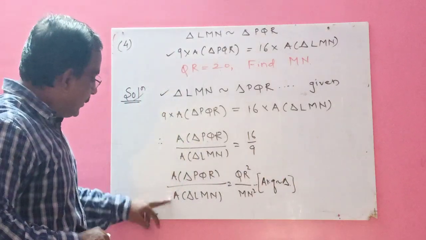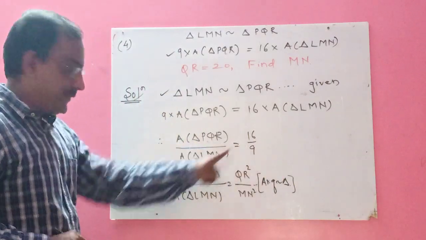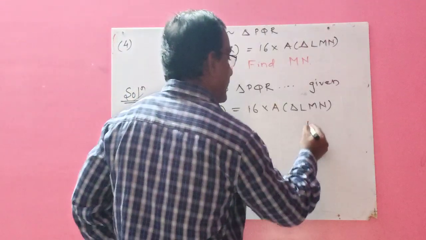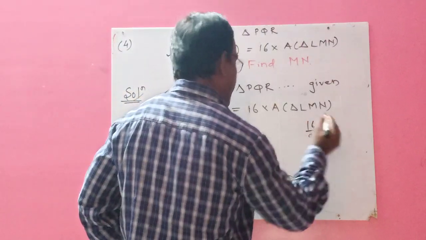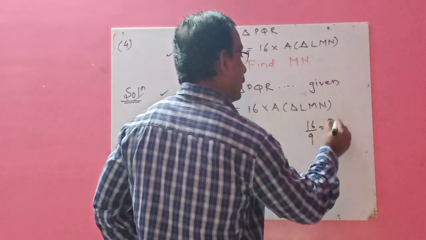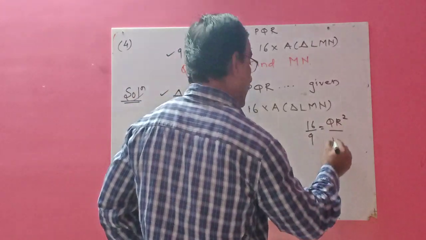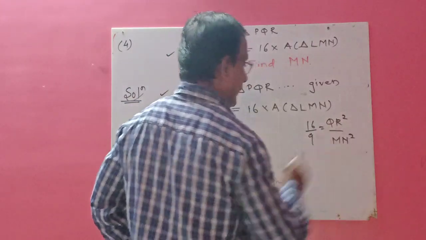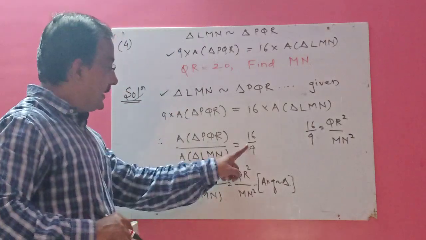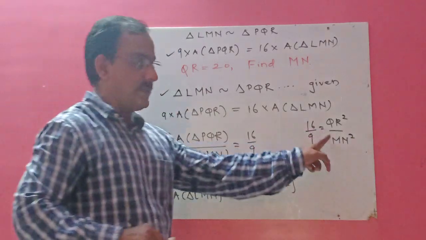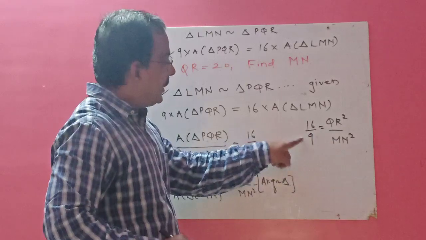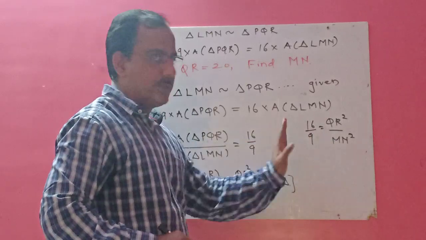Okay. Now here you should write down the values which you got now, 16 upon 9. So this is 16 upon 9, which is equal to QR square upon MN square. I have written here 16 upon 9 and this is as it is. Okay. These are not divisible, so keep as it is, but take down square root.